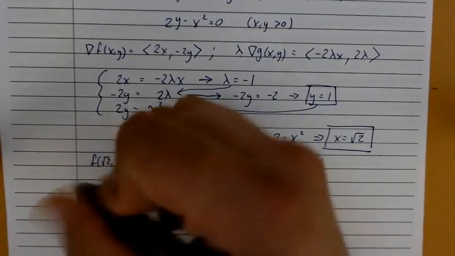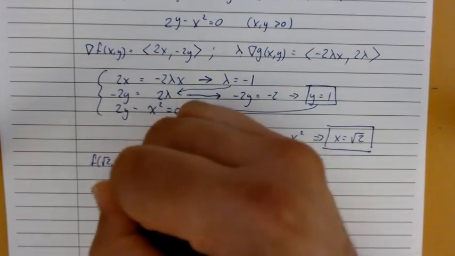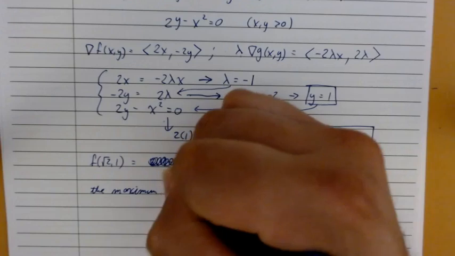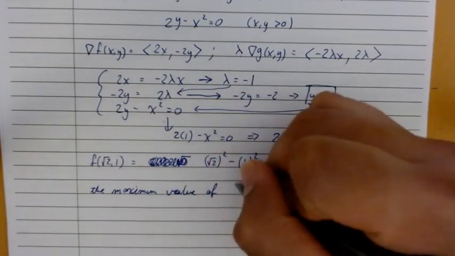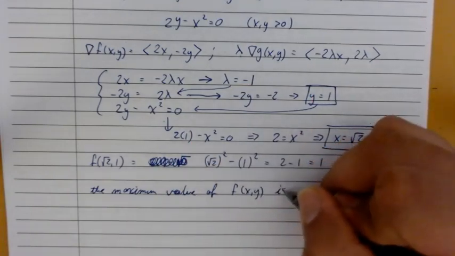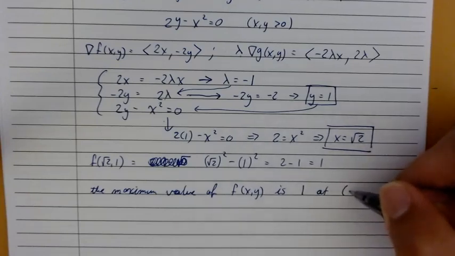All right? So that means that the maximum value of f of x comma y is 1 at the point, what did we say, root 2 comma 1.